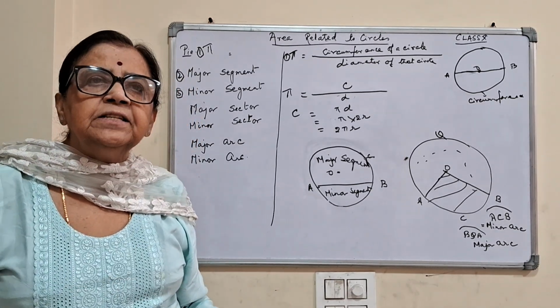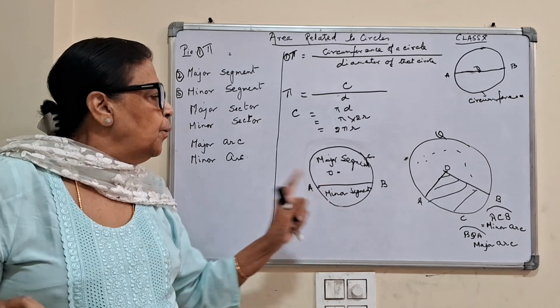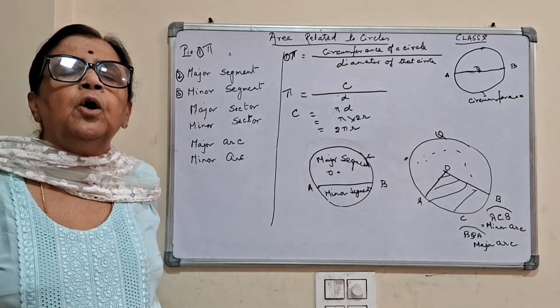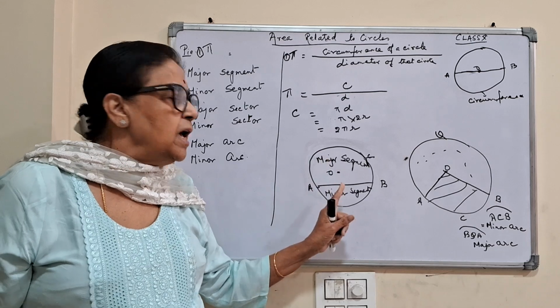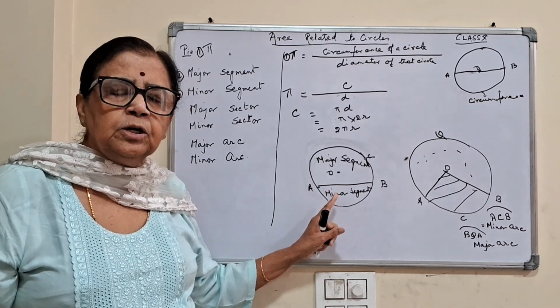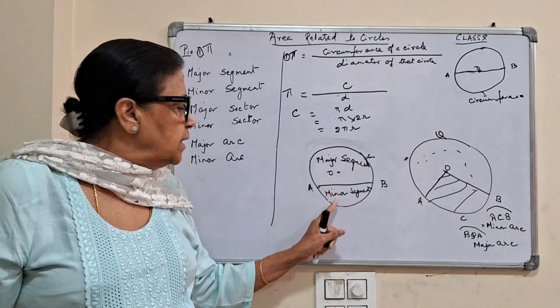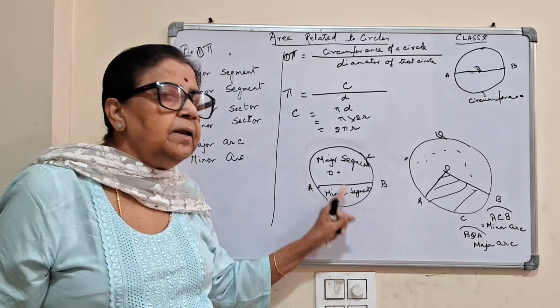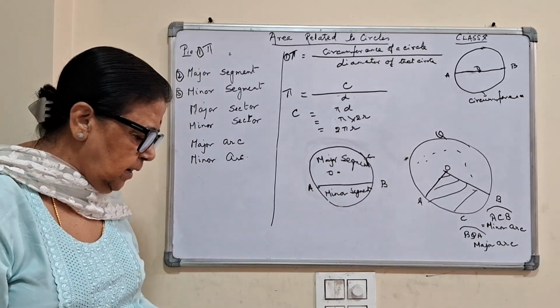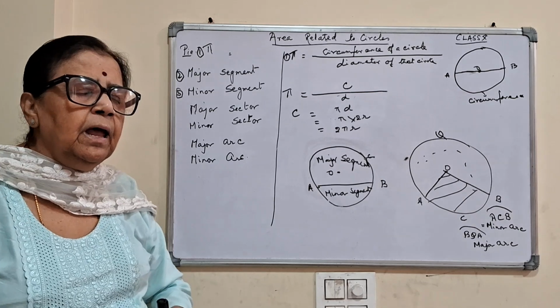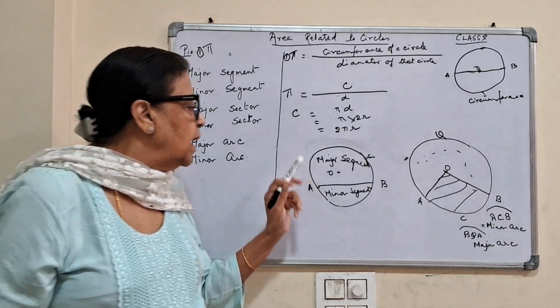When a chord divides a circle into two parts, if the chord is not the diameter, it divides the circle into a smaller portion and a bigger portion. This is called the minor segment, and this is called the major segment. Minor means the small one, and major is the big one.